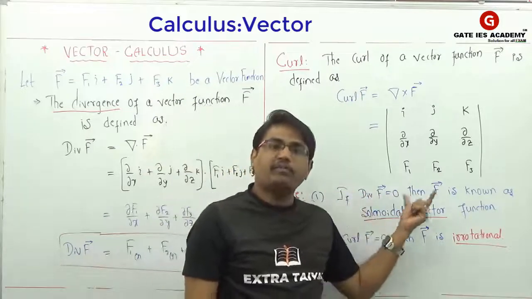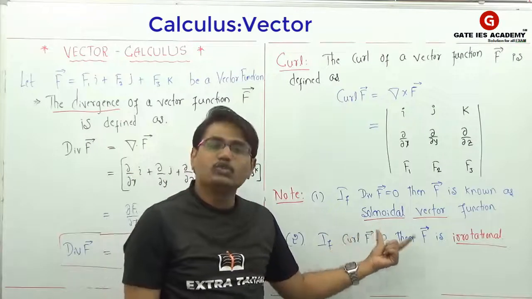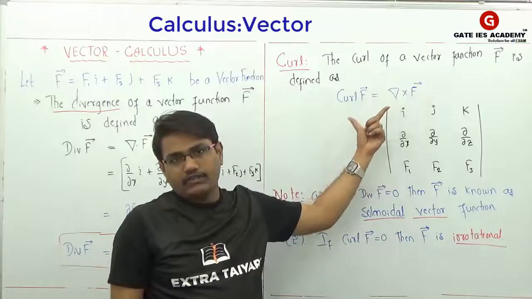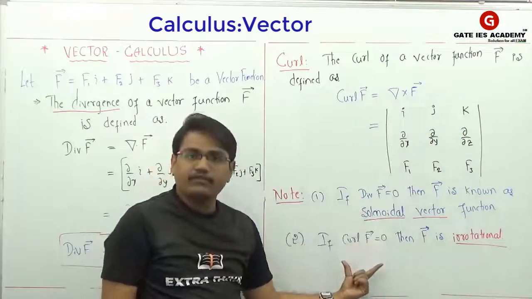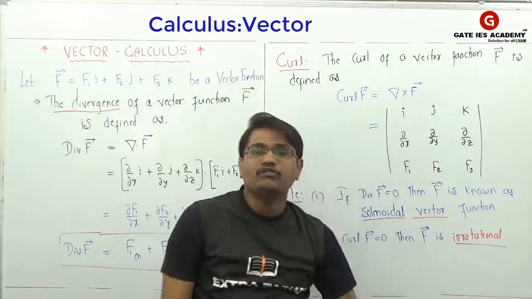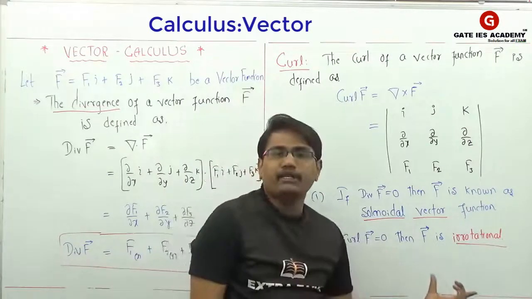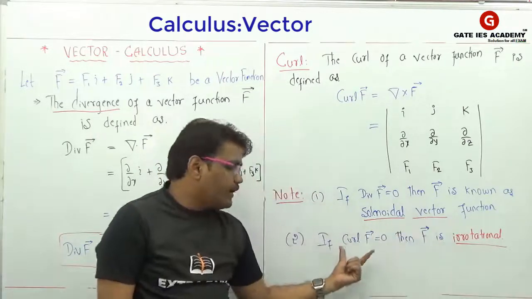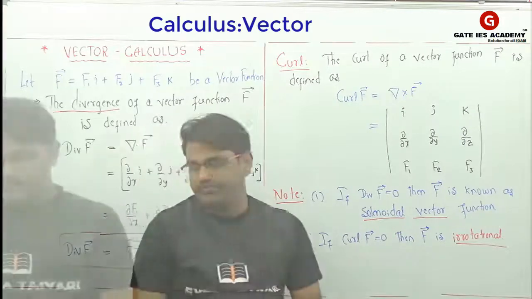And if the curl of a vector function is 0, then f bar is known as the irrotational function. This you can study in fluid mechanics. So just remember the names. The vector is known as irrotational when curl is 0.